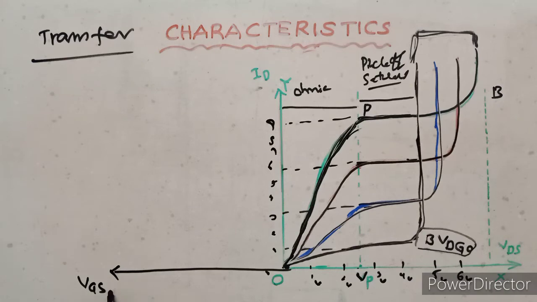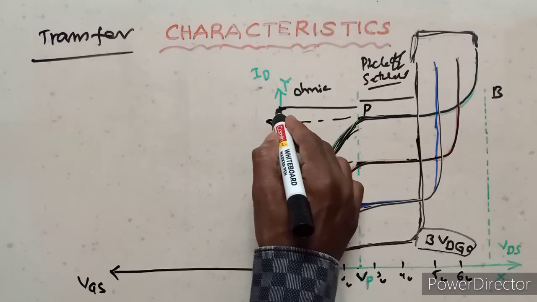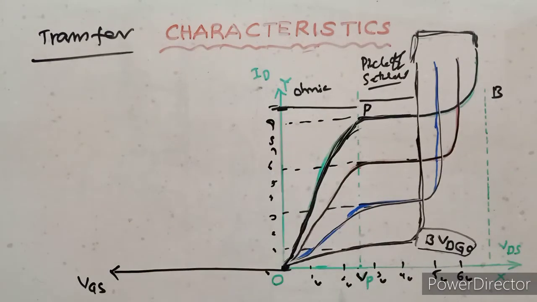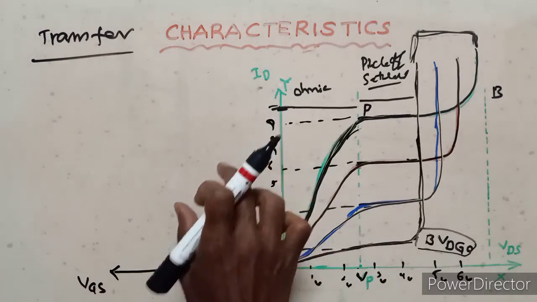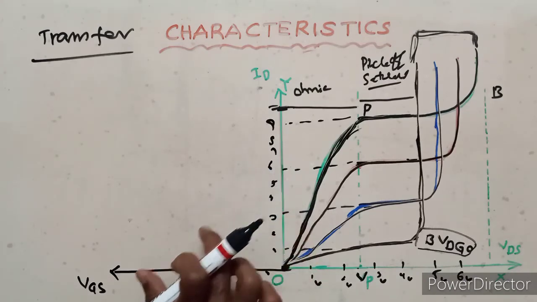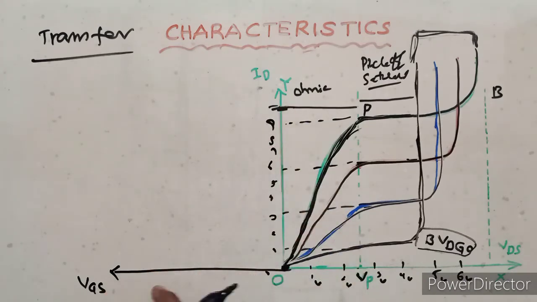At VGS equals 0 volts, the drain current is maximum. The graph between drain current and the voltage between gate and source produces the transfer characteristics. The graph of drain current as a function of gate voltage is called the transconductance curve.